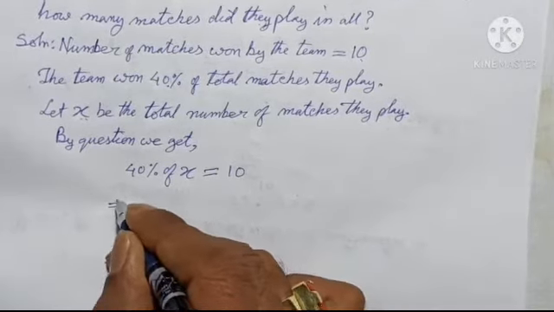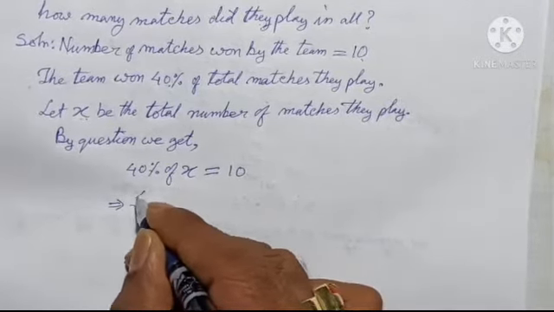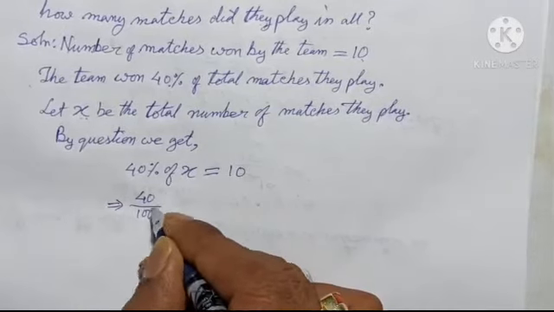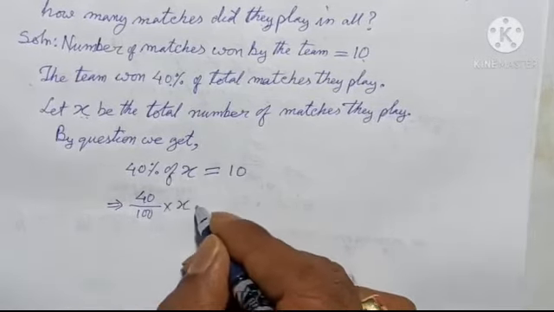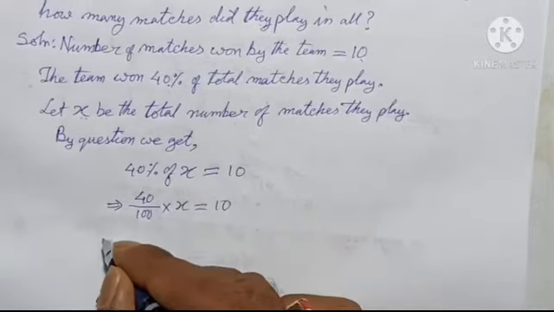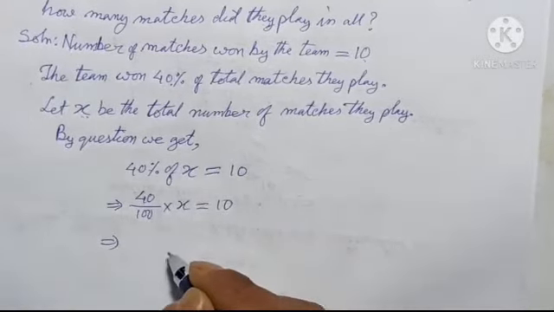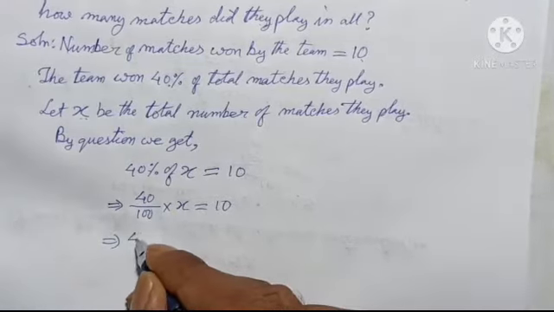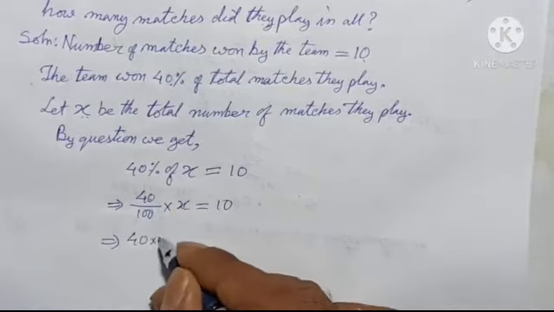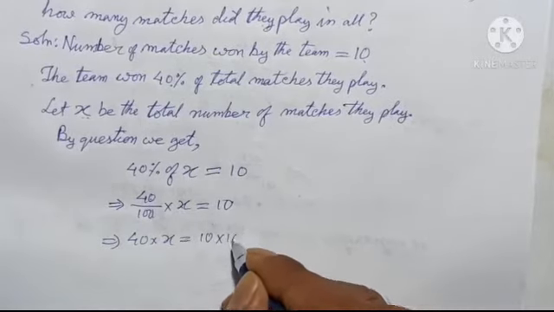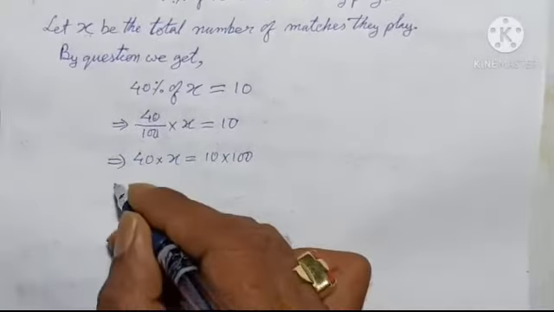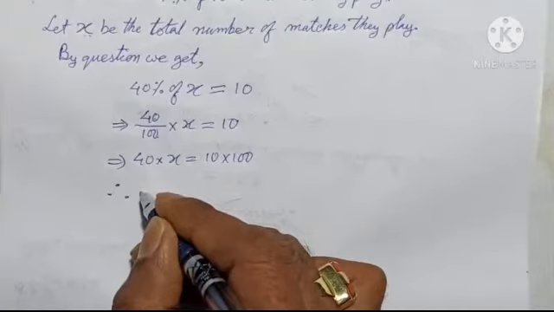This implies that 40% we can write as 40 by 100. Next, of is multiplied, then x is equal to 10. Next is cross multiplication. 40 and x are multiplied, and this 100 will multiply to the other side, 10 into 100. Now let's find out x.